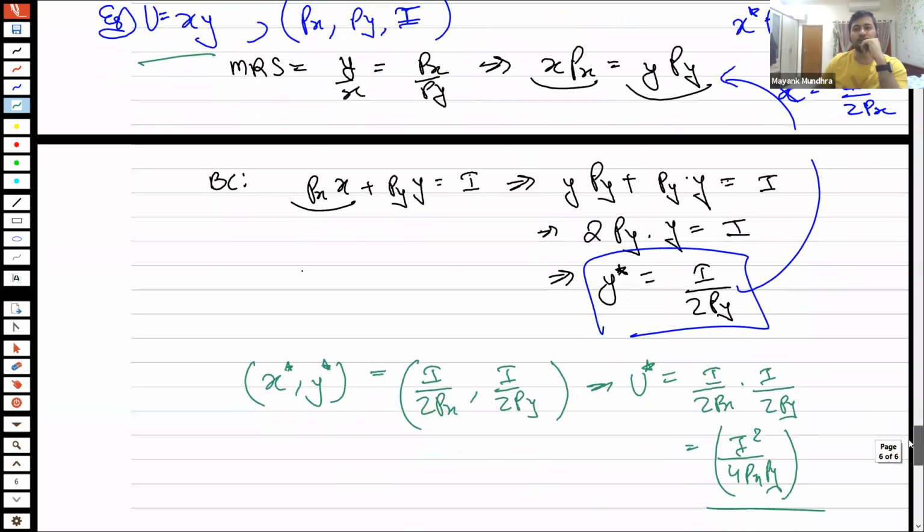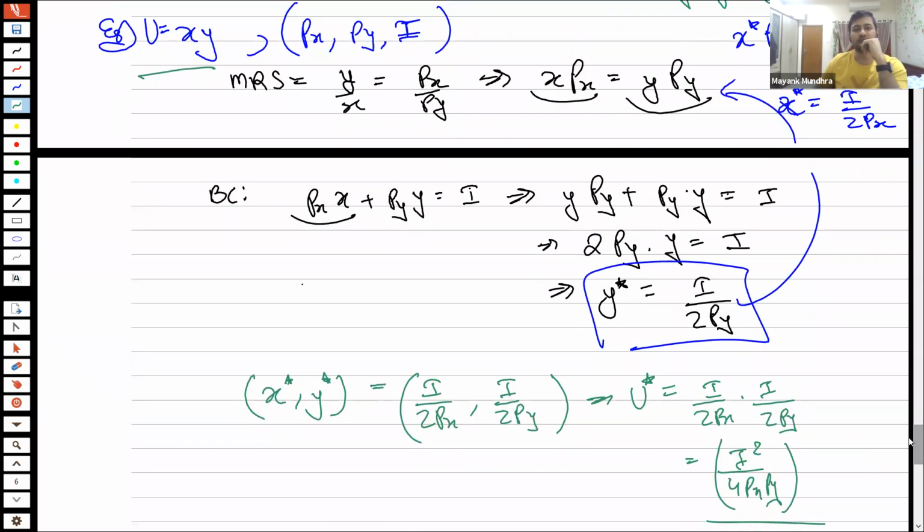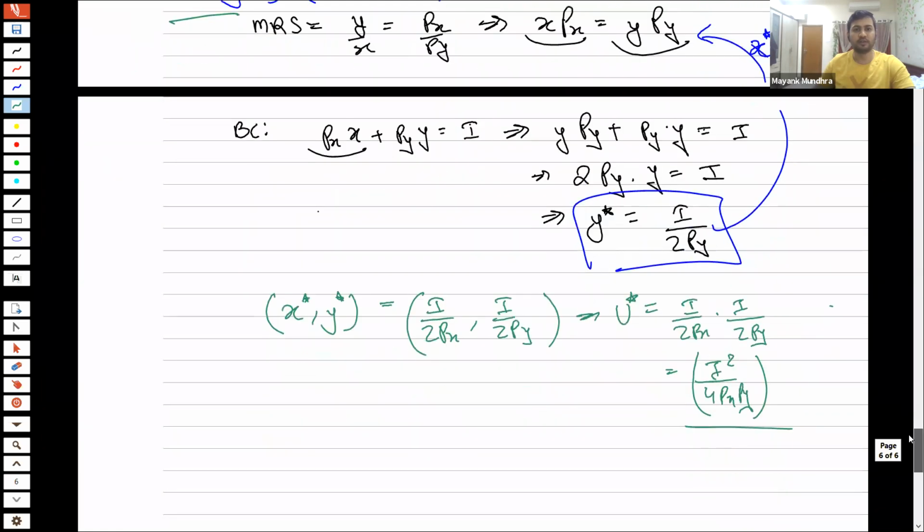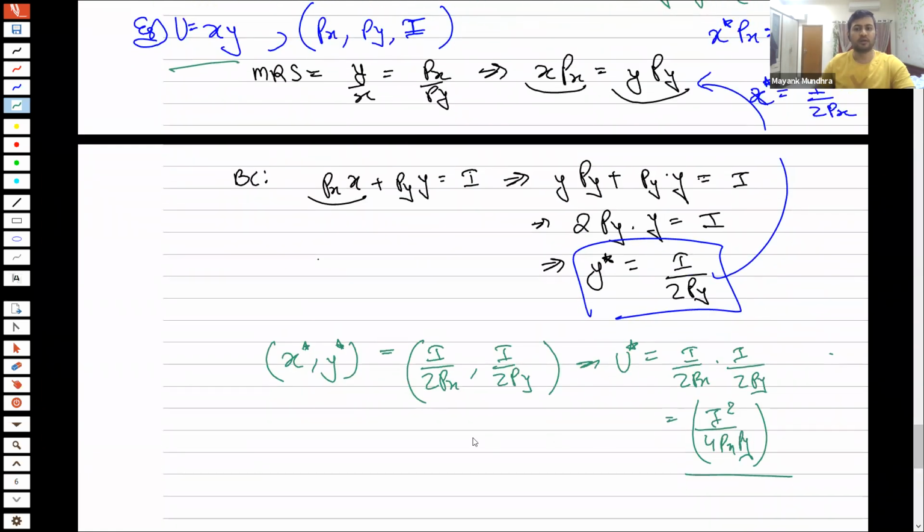So that is the advantage of using this indirect utility function. So your problem now is finding the indirect utility function for these two cases, right? Utility equals xy square.